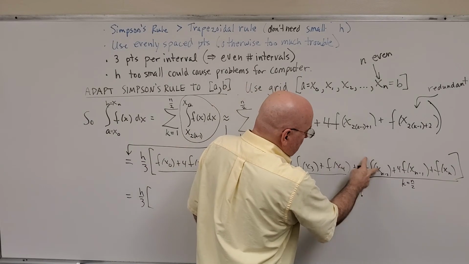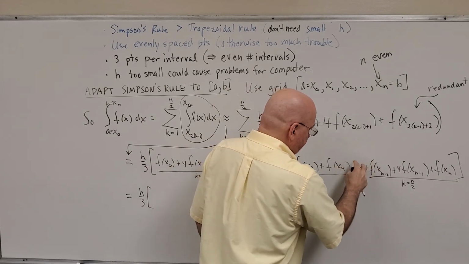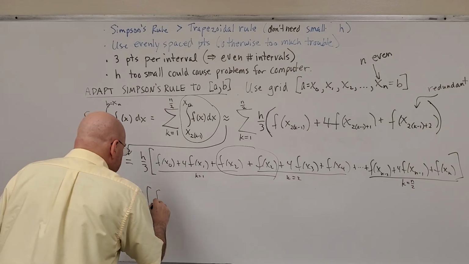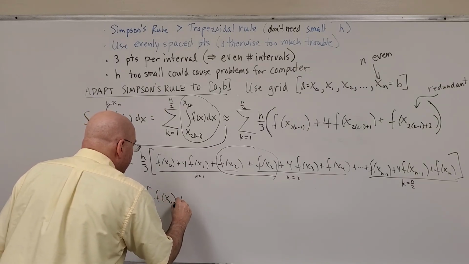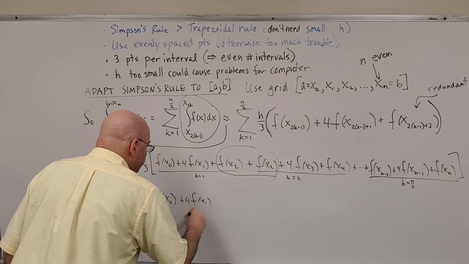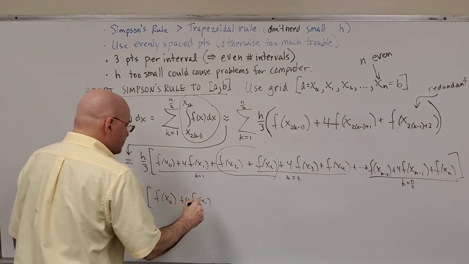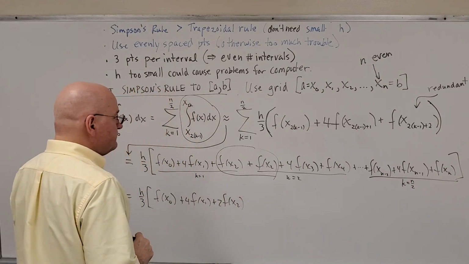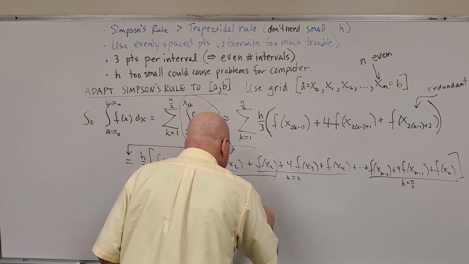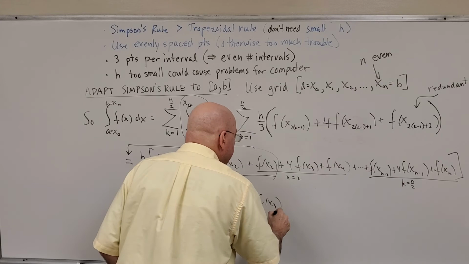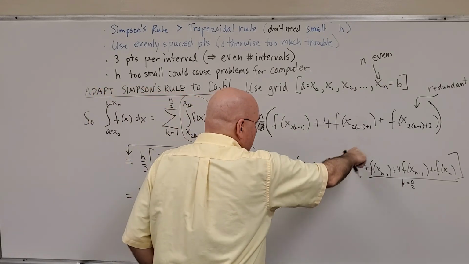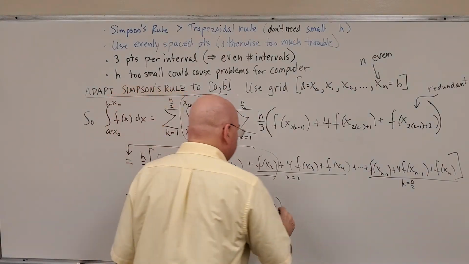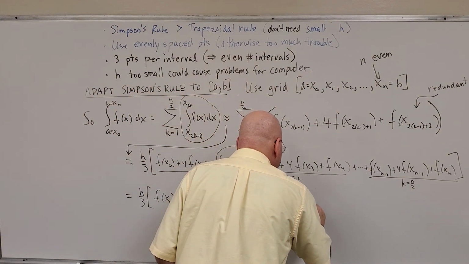And this one is going to show up twice. So let's see what the coefficients are going to be. F of x0 just shows up one time. 4 f of x1, and then 2 f of x2, plus 4 f of x3. But f of x4 shows up twice. One of them's in this dot, dot, dot. So plus 2 f of x4.